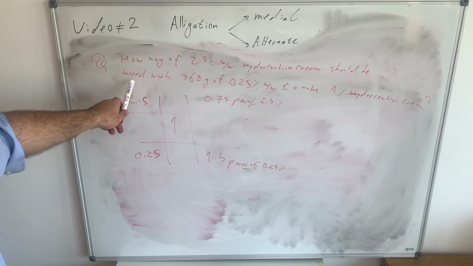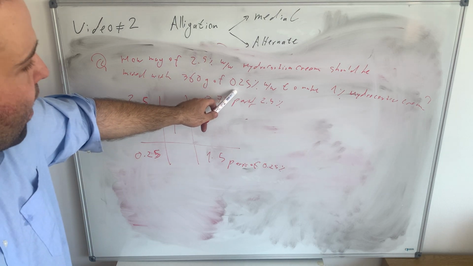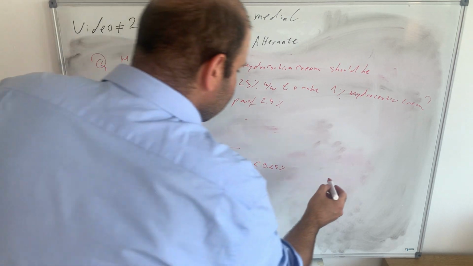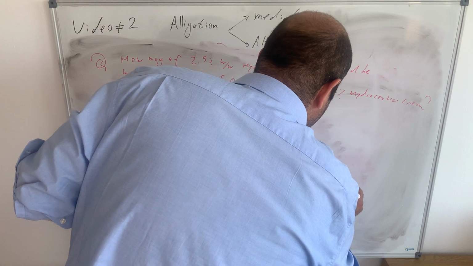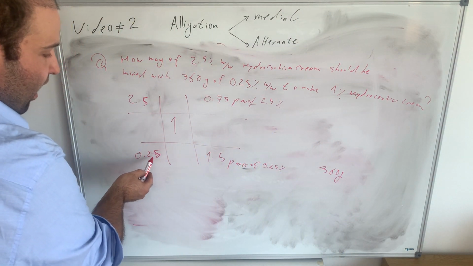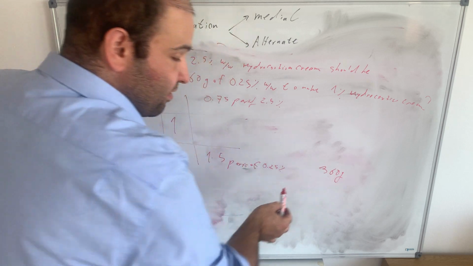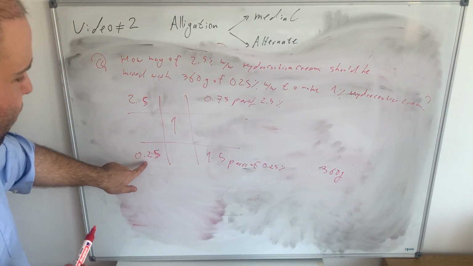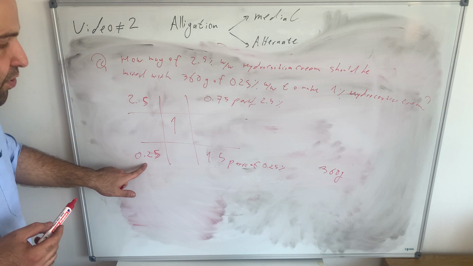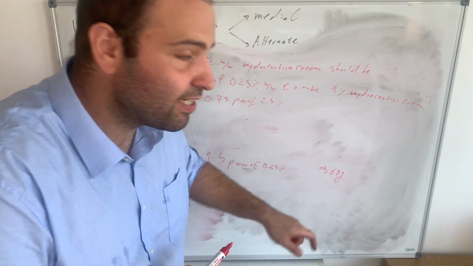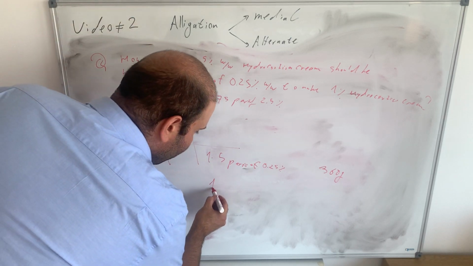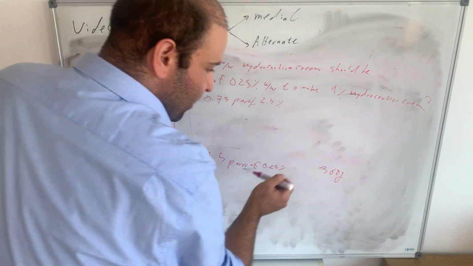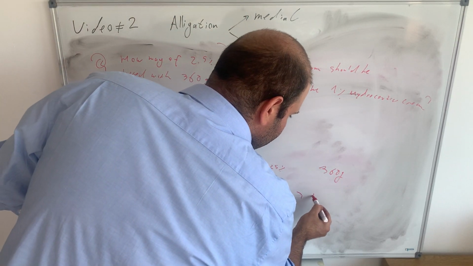But it's written mixed with 360 gram of 0.25%. So here's 360 gram. 1.5 parts of 0.25% hydrocortisone cream contains 360 gram. So how much is in one part? 1.5 contains 360. How much is in one part?